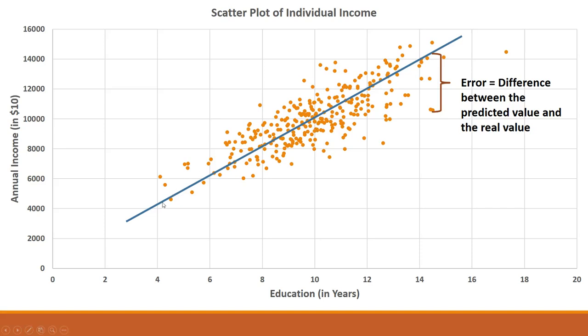So there's some error between every single one of these data points and our model. Our model does a fair job of describing the general trend and the relationship between education and income, but any particular data point is going to have some error. There's going to be some difference between a particular data point and our line, our regression model, our economic model.